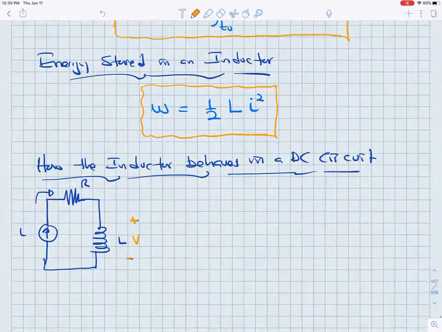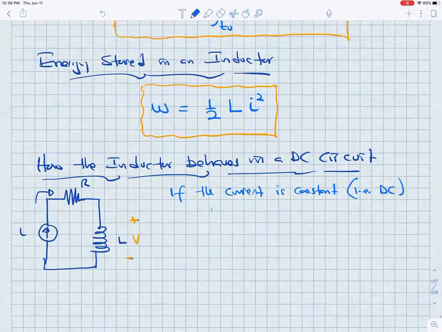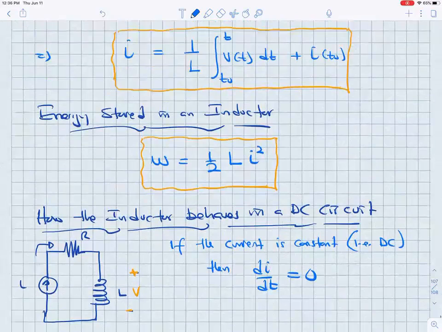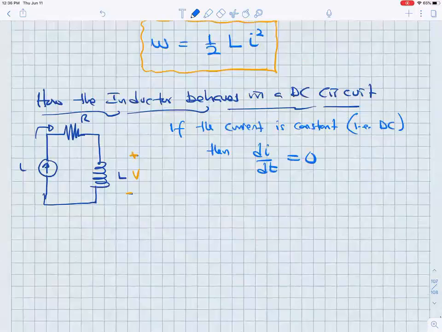If the current is constant, which is DC, then di/dt is going to be 0. What does it mean? It means that the voltage, which is L di/dt, will be 0. This implies that the voltage across the inductor is going to be 0.